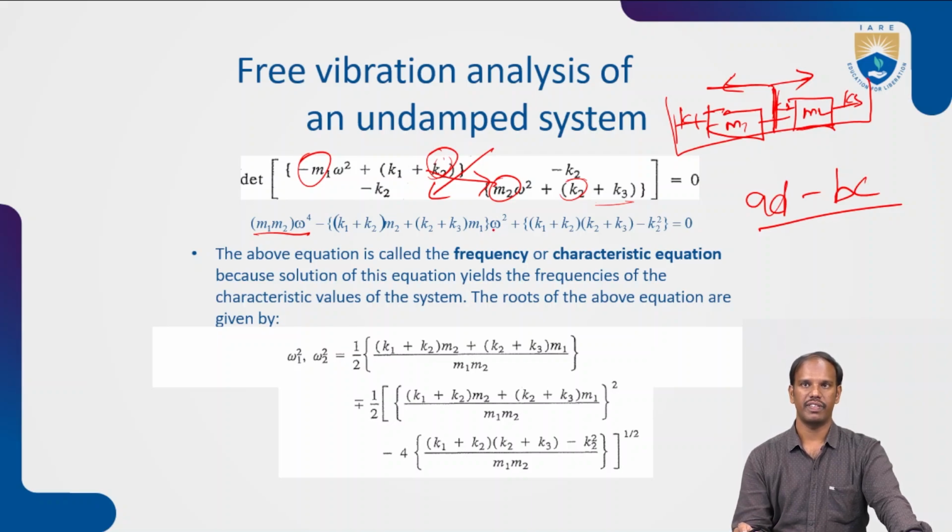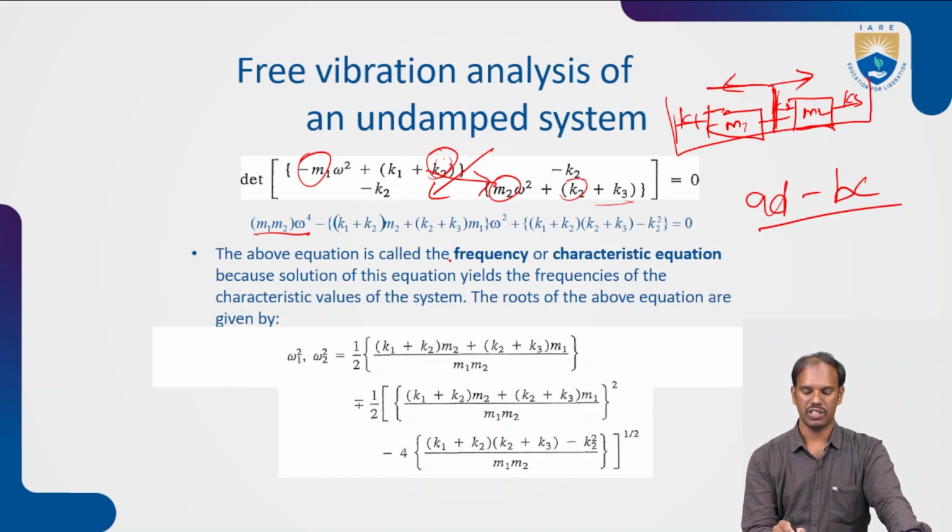Omega square is the natural frequency of this system. Then plus (k1 plus k2) multiplied by (k2 plus k3) minus k2 square equals 0.